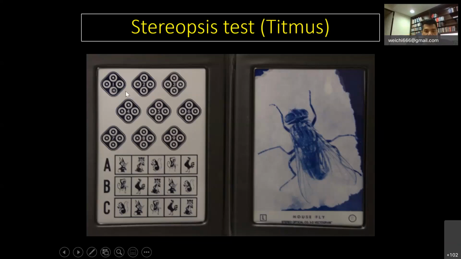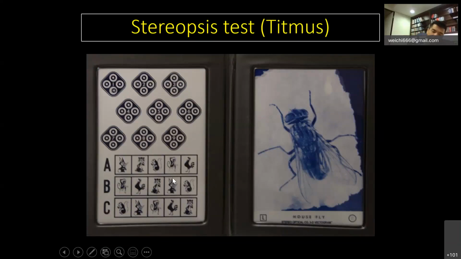As you advance from set number 1 to set number 9, it becomes more difficult to appreciate that a particular circle stands out from the rest of the three, because the stereopsis becomes not so obvious. This is the most obvious. Even without putting on the glasses, you probably could see that this circle is a little bit different from the rest of them. But starting from test number 2, it's not so obvious.